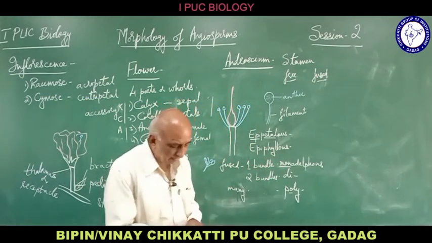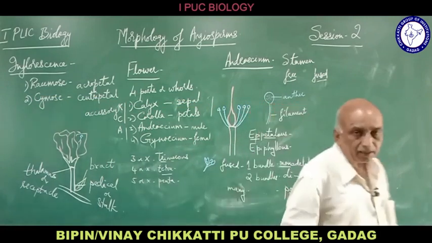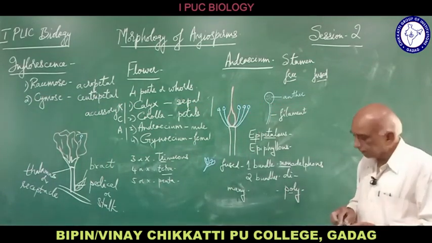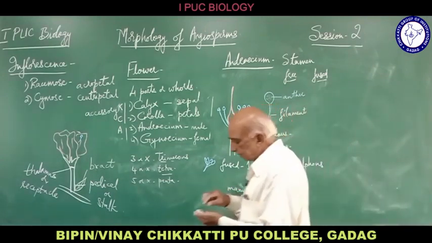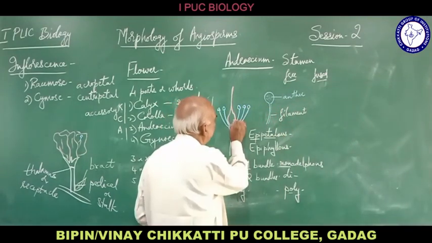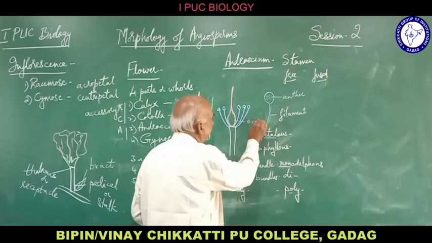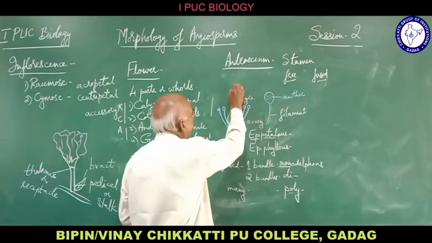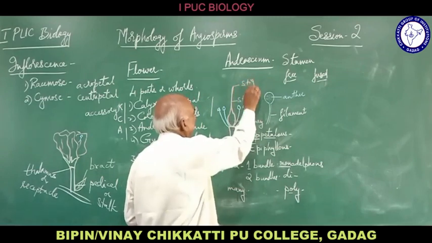Now in the gynoecium, there are again units. The gynoecium is made up of the ovary, style and stigma. This is the ovary and this is the style, and the tip of the style is called the stigma.